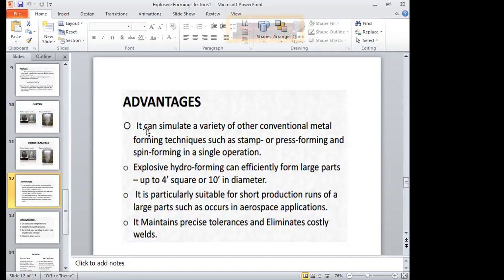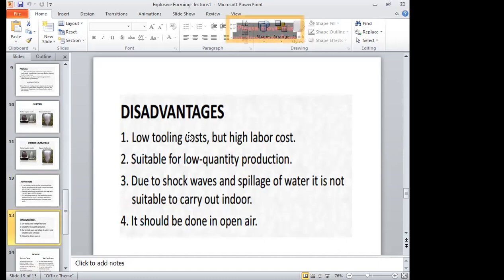Explosive forming can efficiently form large parts, up to 4 square meters or 10 meters in diameter. It is particularly suitable for short production runs of large parts, such as occur in aerospace applications. It maintains precise tolerances and eliminates costly ones.